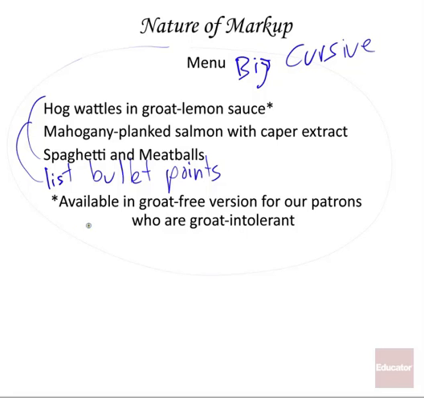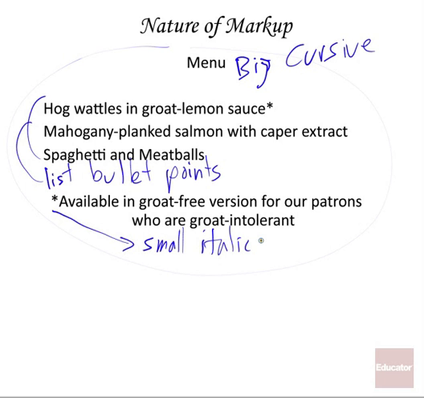And then here, I might say that this fine print is going to be small and italic, let's say. So what I would do is I would give this to the printer, and I would let them make the decisions about what exactly to do with it.